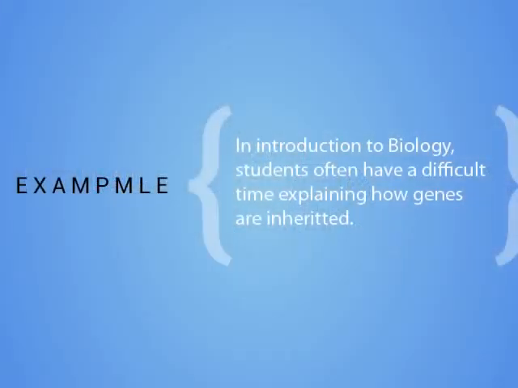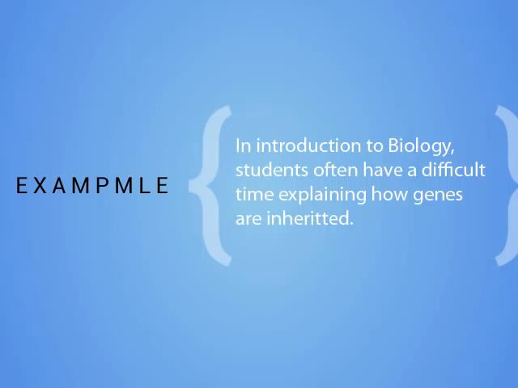Okay, so this is the introduction to your first assignment. You need to come up with an instructional situation, an instructional problem of some sort. I'll bring up this example. You can see from my example that I've picked something that can be accomplished within an hour. I'm not trying to teach them all of genetics.